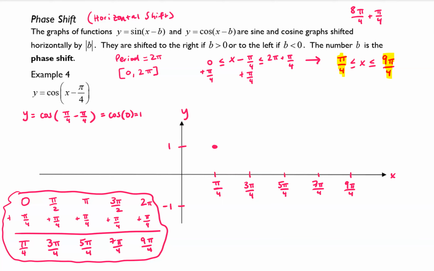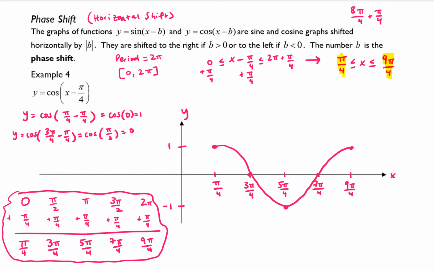And if I plug in 3 pi over 4, that ends up equaling cosine of (3 pi over 4 minus pi over 4), which is 2 pi over 4, the same thing as pi over 2, and I know that that's 0. And I'm going to go ahead and plot these other points.